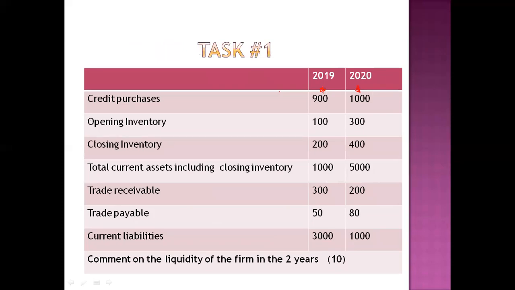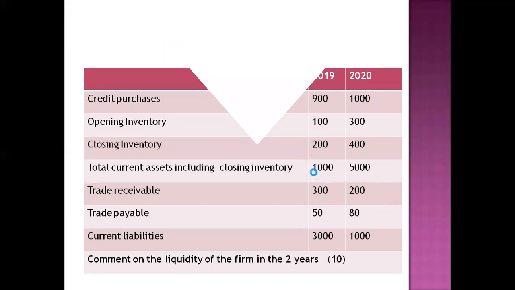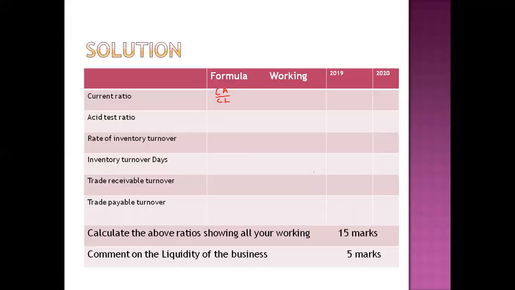In 2019 it's 1,000, so this is 1,000 divided by current liabilities, which is 1,000 over 3,000. You can indicate the working.